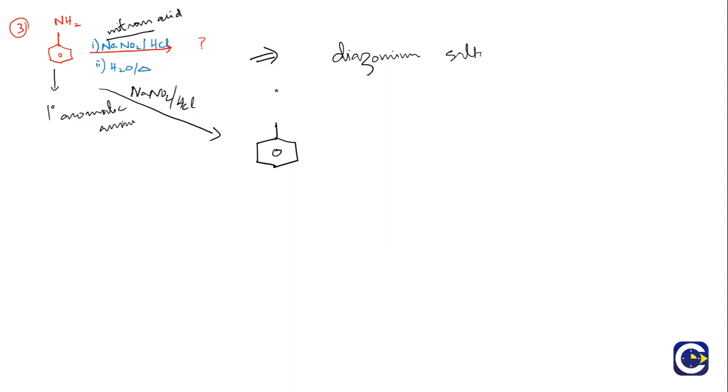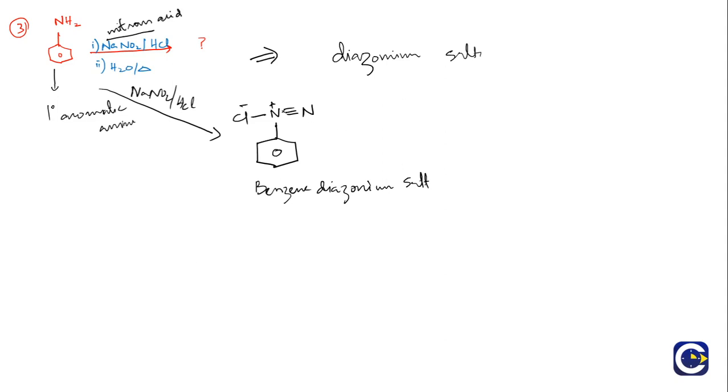The diazonium salt can be written as this: we have chlorine, a positive charge on nitrogen, and a negative charge on chlorine. This particular diazonium salt is named benzene diazonium salt.